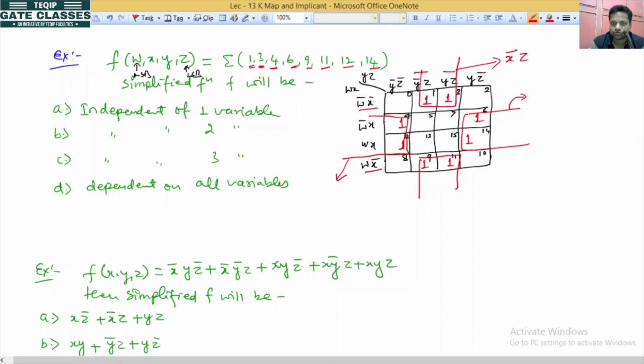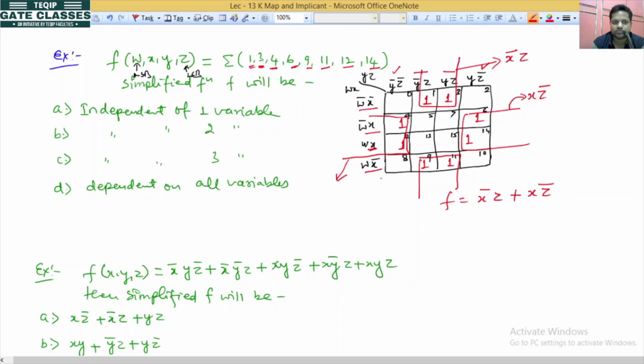From rows we have x common here, w bar x, wx. So x is common, and from columns we have y bar z bar and y z bar, so z bar is common. So f will be x bar z plus x z bar.